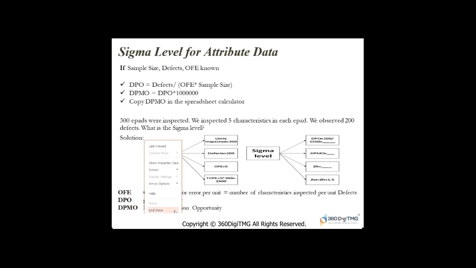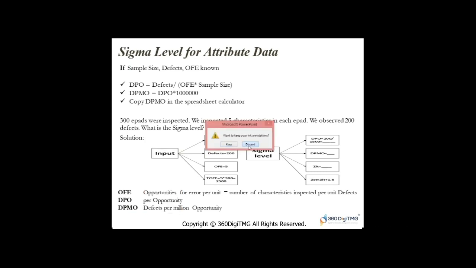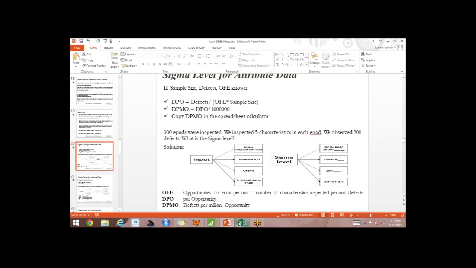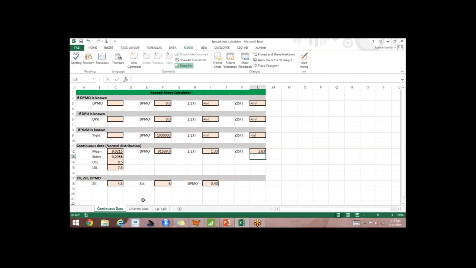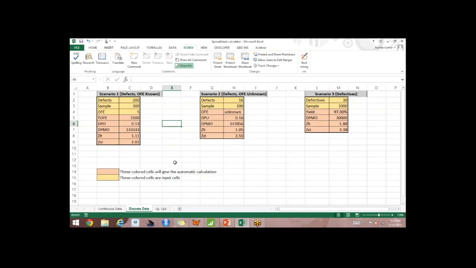Let us go back to the spreadsheet calculator. And the spreadsheet calculator assumes that you guys are extremely lazy. Look at this. We have discrete data here. So go to sheet 2. You need not even calculate defects per opportunity. You need not even calculate total opportunities for error. You need not calculate defects per million opportunities. All you need to do is key in the number of defects.